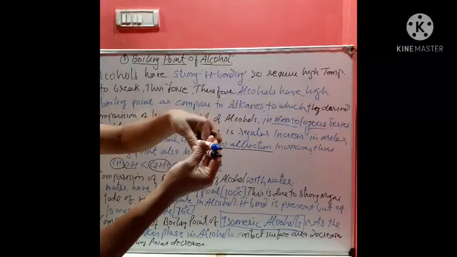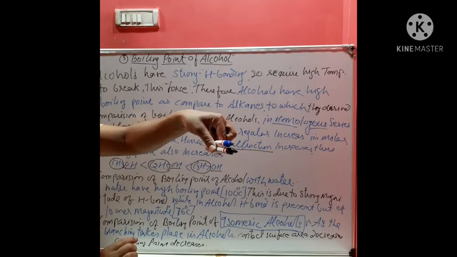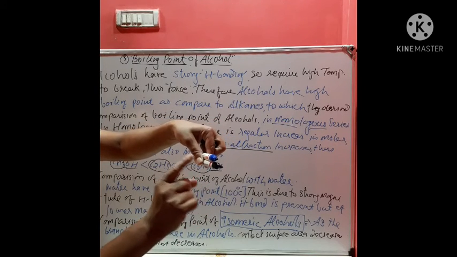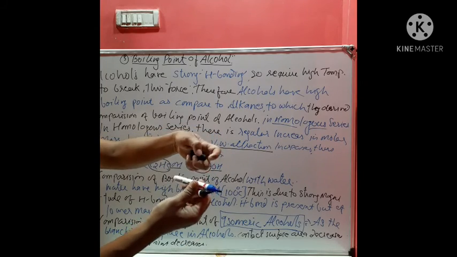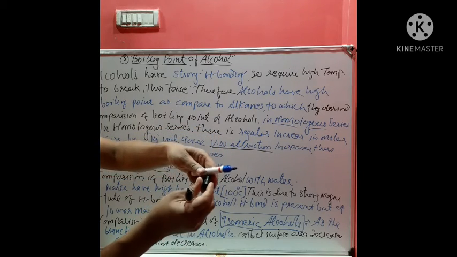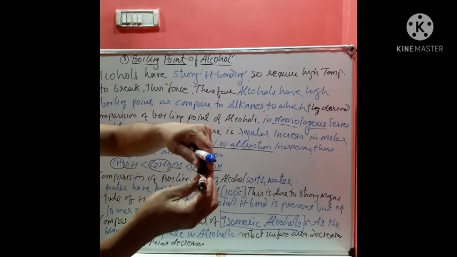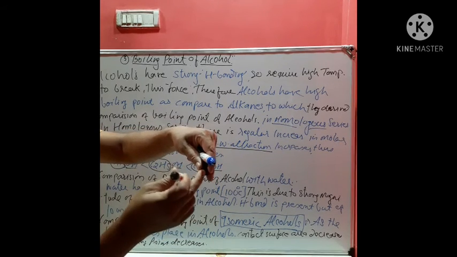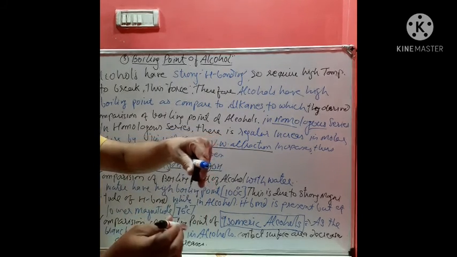As higher the surface area, require more temperature to break this attraction force. Therefore, the normal alcohol, okay, that is the simple isomer, have the very high boiling point.